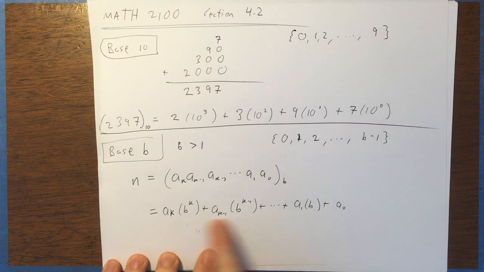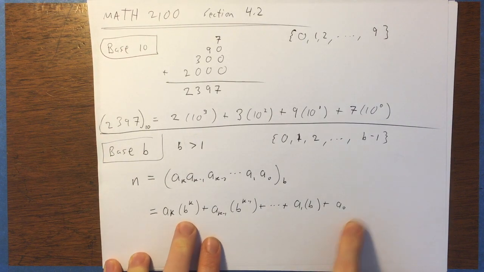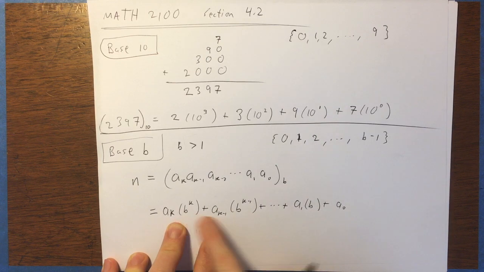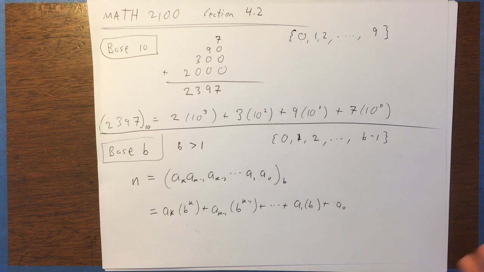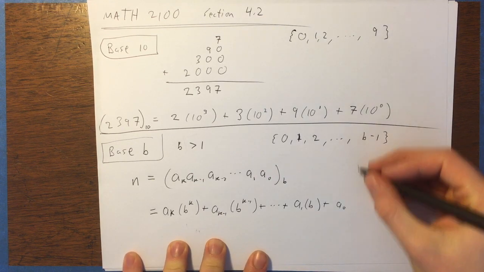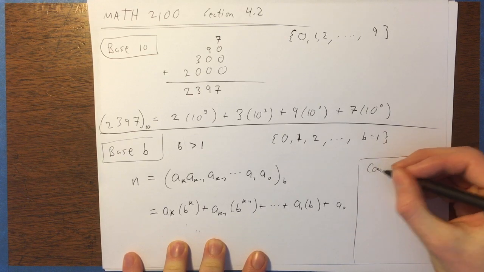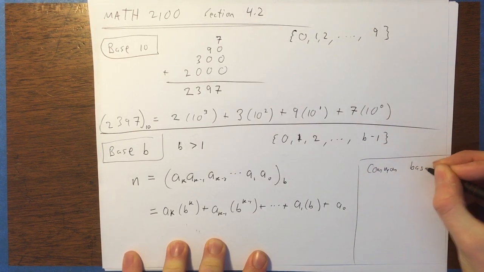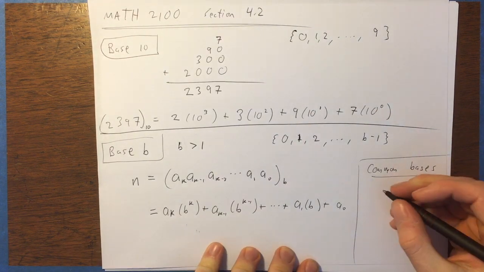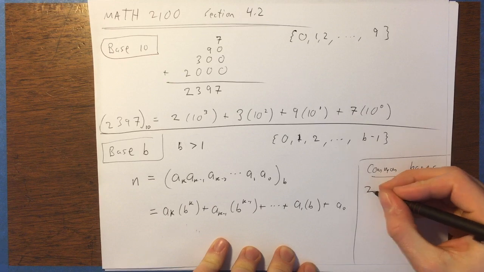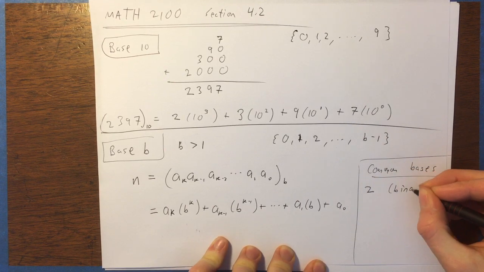And you may have noticed that this looks a heck of a lot like a polynomial. In fact, it is a polynomial in the variable b, essentially. And then if you give b a value, that produces the number that string would represent in that base b number system. So a couple of common bases that are used other than 10: probably the most common is base 2, which is binary.